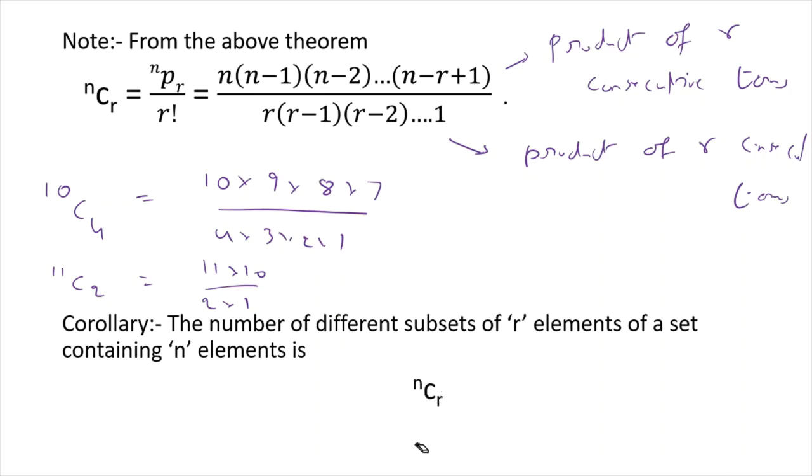The number of subsets containing 3 elements is n choose 3. The number of subsets containing R elements is n choose R.